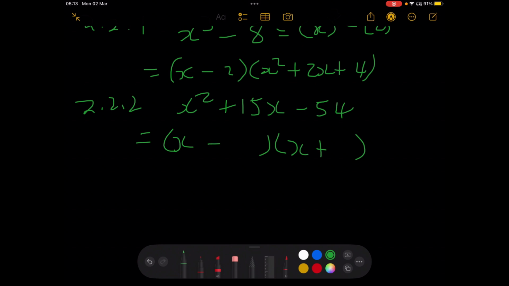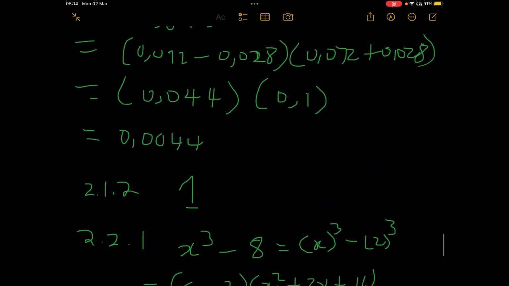For us to get a plus, what must the factors be? 18 times what? 8, 16, 24. So it should be 18 times 3. So this should be like that. 2.2.3, we have a factorization. I think we must go back to the question to check some.